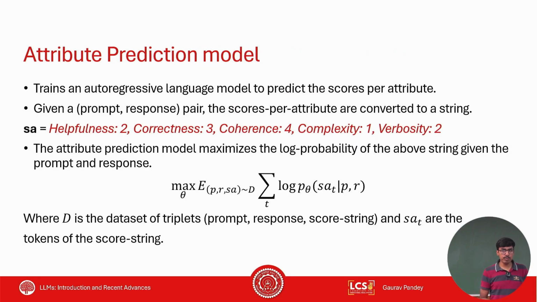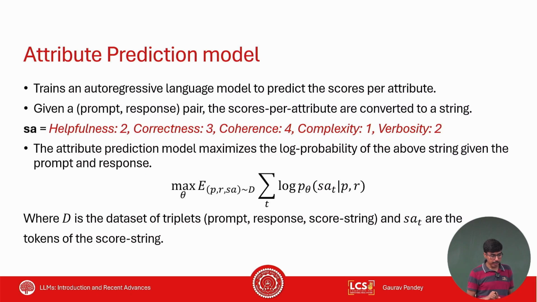And now, what do you do with this vector of scores? How do you train a reward model? You cannot use a Bradley-Terry preference model now because you don't know which is preferred. So what they did was convert that score vector into a string. Let's say you have helpfulness of 2, correctness of 3, coherence of 4, complexity of 1, verbosity of 2. They convert all of this into a single string.